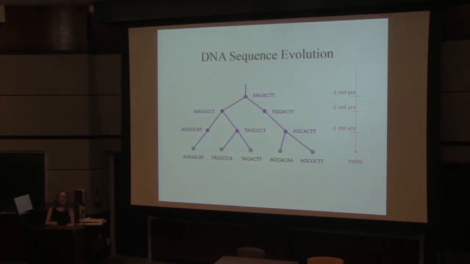So this is a cartoon about sequence evolution. You can think of DNA sequences as just strings of A's, C's, T's, and G's. And these strings are evolving from an ancestor. So imagine that this is the root of the evolutionary tree up there. And you're looking at the different genomes in the different species.